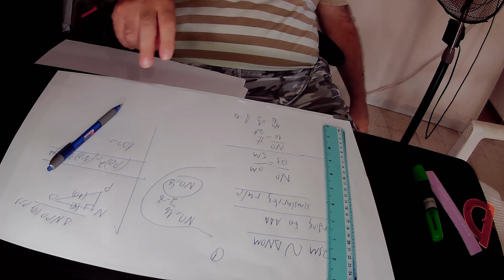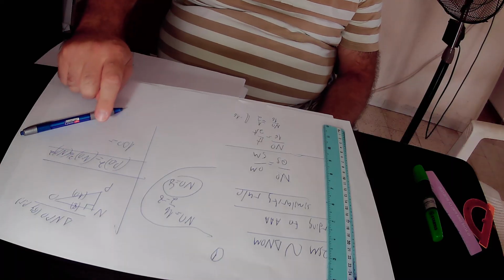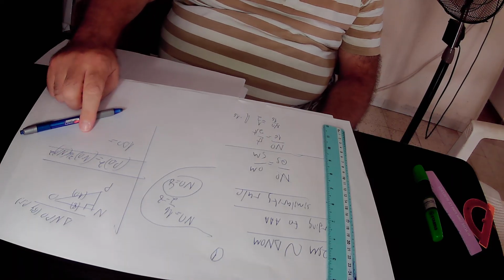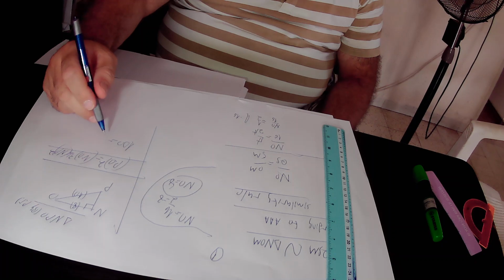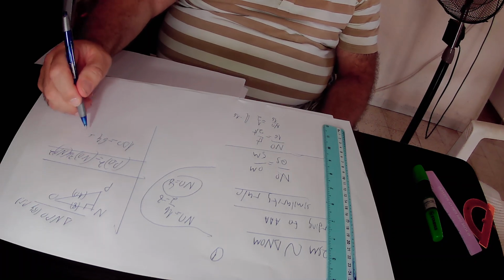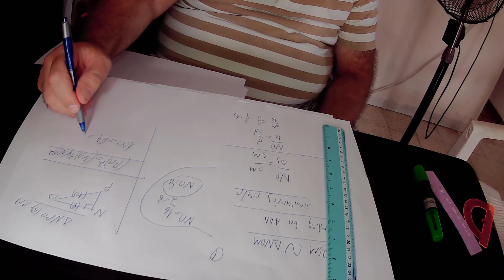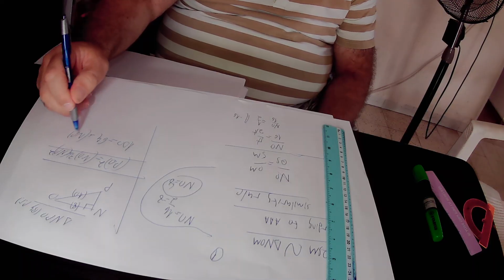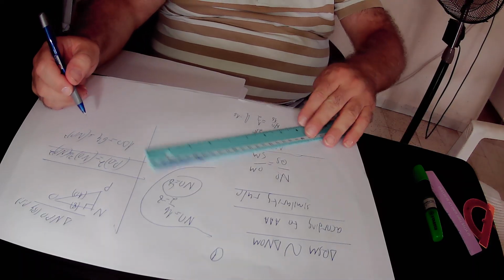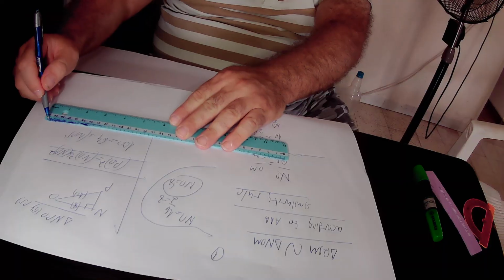And it is equal to NO squared. NO is 8, therefore NO squared is 8 squared, that is 64, plus NP squared. So in total we found that 100 equals 64 plus NP squared.